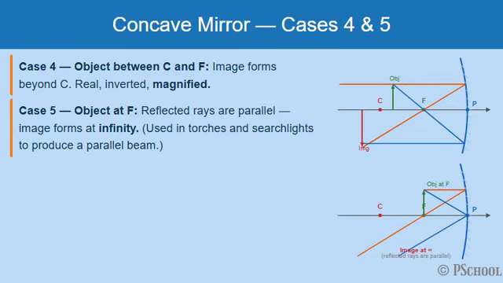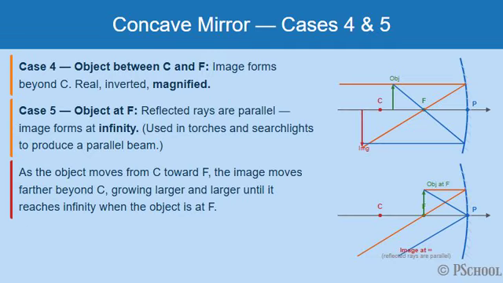Both reflected rays are parallel, they never meet. The image forms at infinity. As the object moves from C toward F, the image moves farther beyond C, growing larger and larger until it reaches infinity when the object is at F.